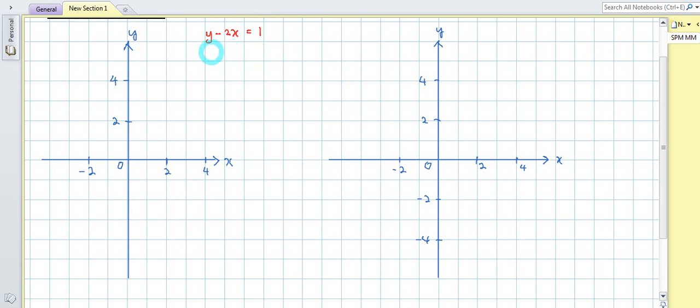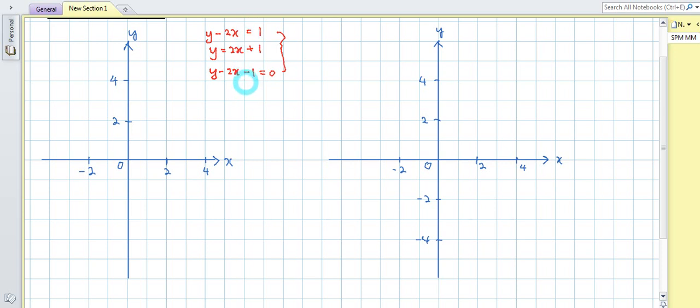This is actually equal to y equals 2x plus 1, or y minus 2x minus 1 is equal to 0. These three actually refer to the same straight line. If you have software, you key in these 3 equations, they will give you exactly the same straight line. We call it equivalent equations.